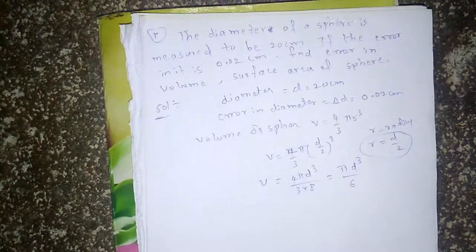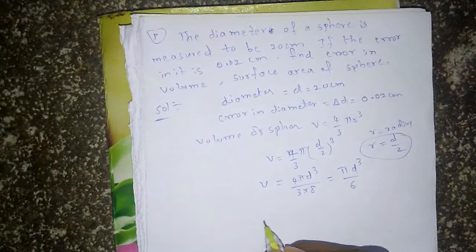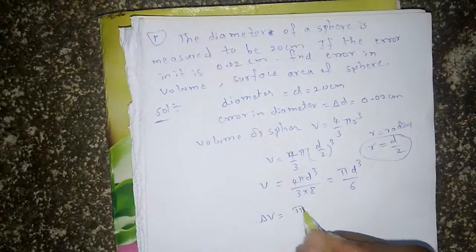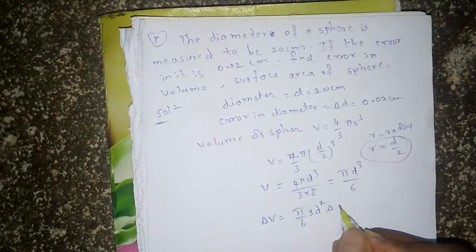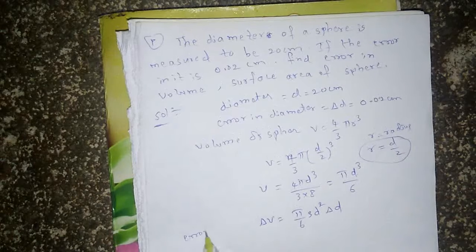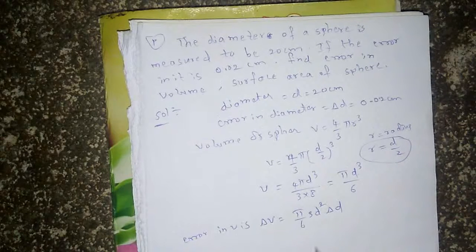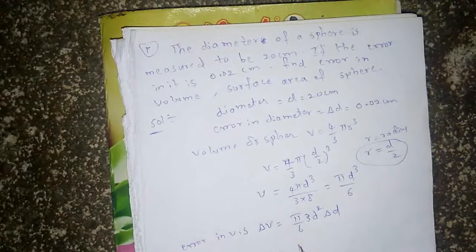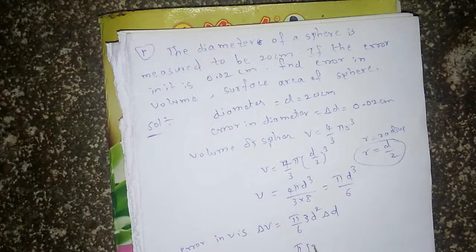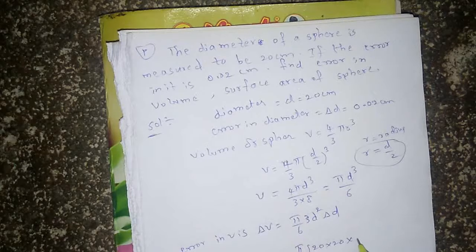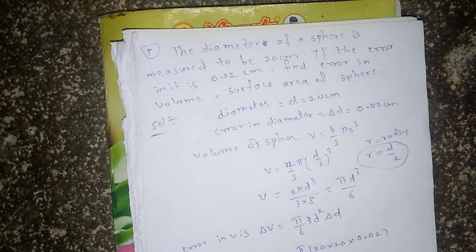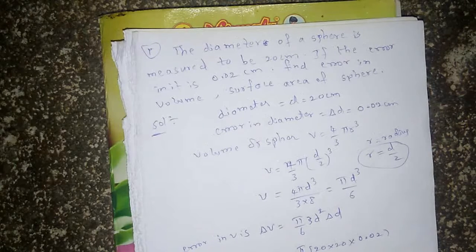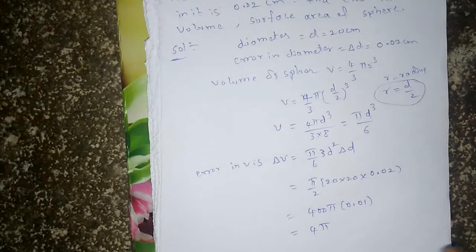Now delta V is equal to pi by 6 into derivative of d cube, 3d square into delta d. Now substitute the values. This is pi by 2 into d is 20, 20 into 20 into delta d is given as 0.02. This is 400 pi into 0.01, that is equal to 4 pi. Error in volume is 4 pi centimeter cube.